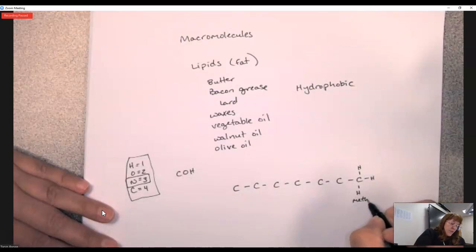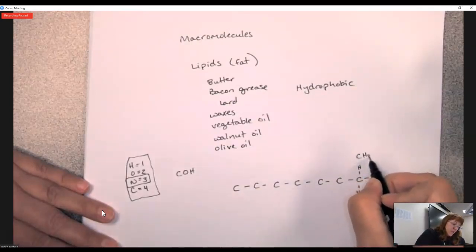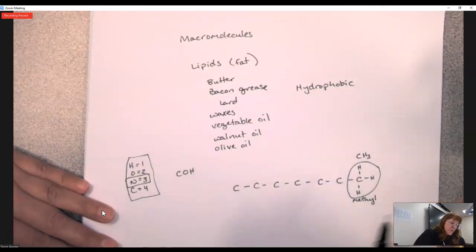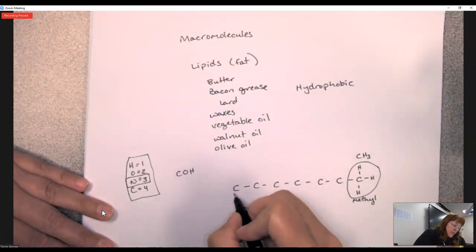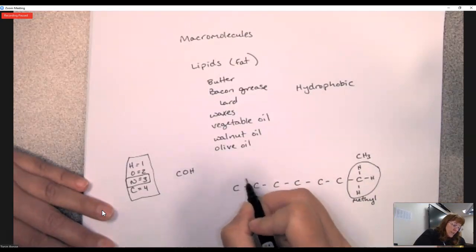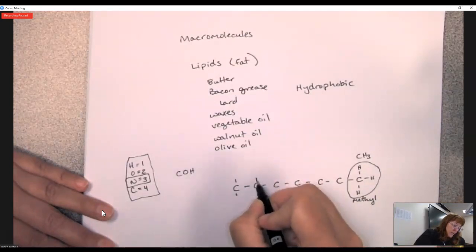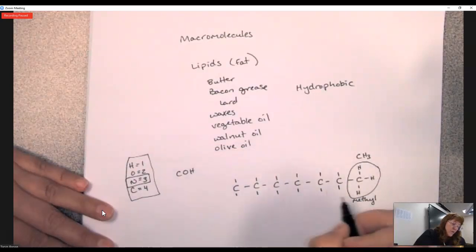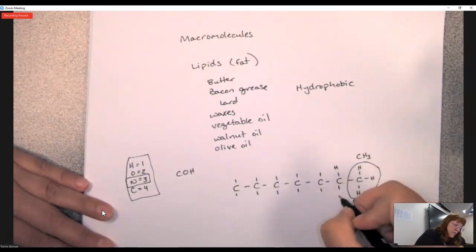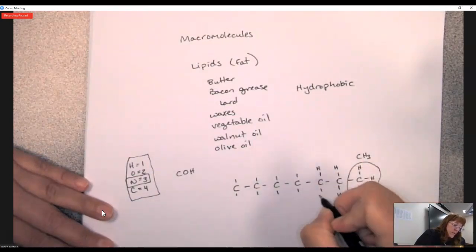So this is a methyl functional group, and that is CH3, and it looks just like that. So the rest of the carbon chain, we will just have hydrogens off of. So we can draw those in. You could just leave them like that, or you could physically draw in all those hydrogens.